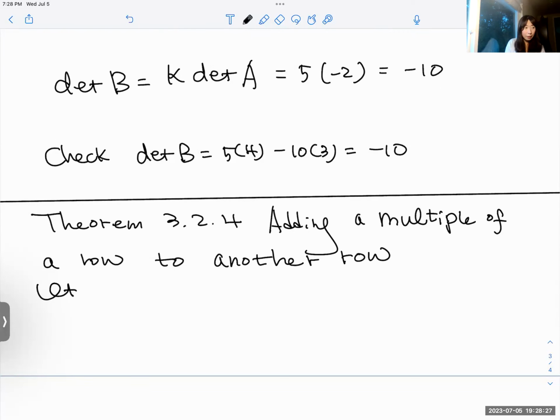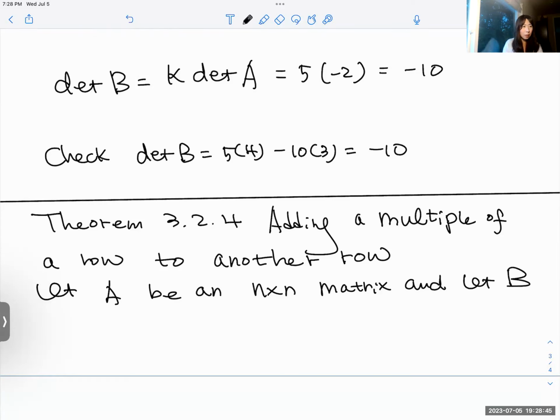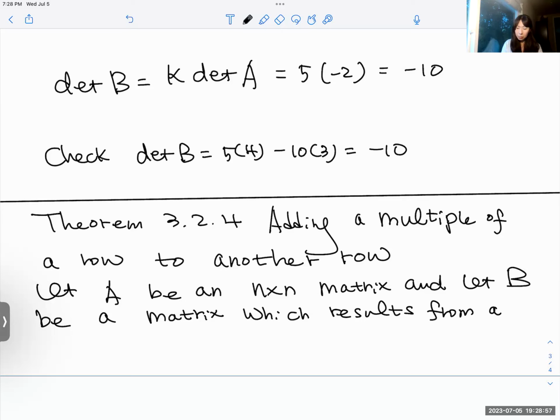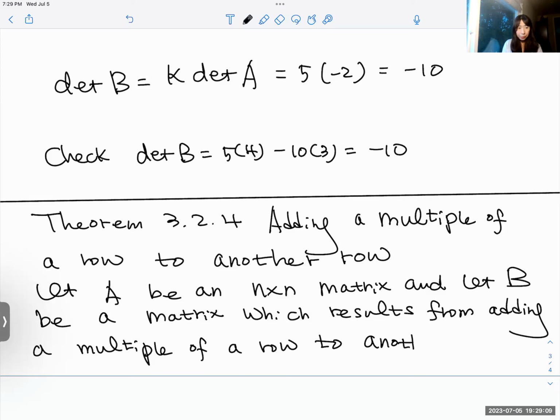Okay, so we have let A be an n by n matrix, and let B be a matrix which results from adding a multiple of a row to another row.